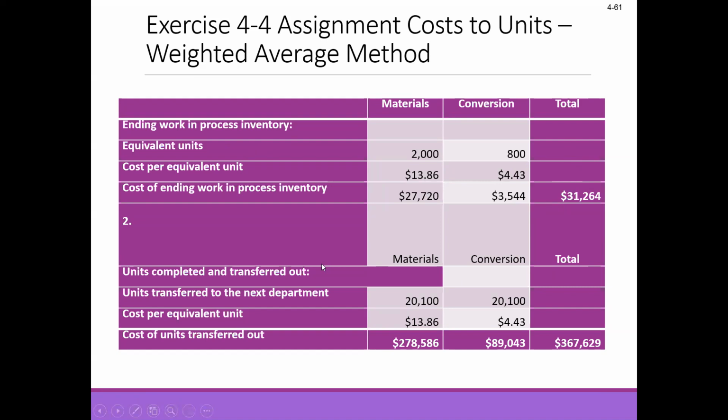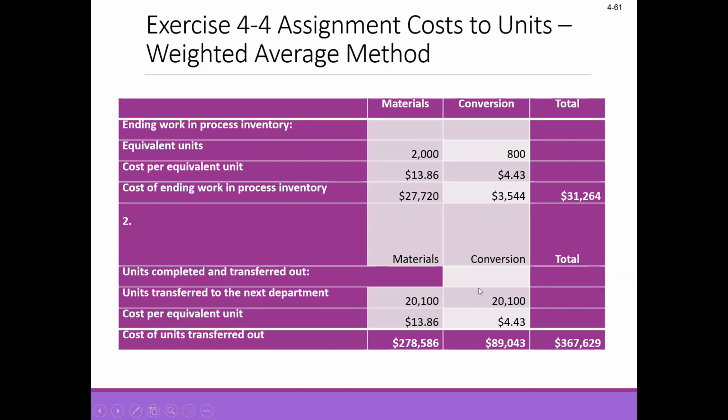Now, if we transferred to the next department 20,100, again, we're going to take those same unit costs to show cost of the units transferred out. You add the total 20,100 equivalent units times $13.86 for 278,586.